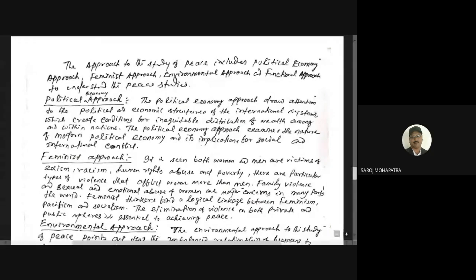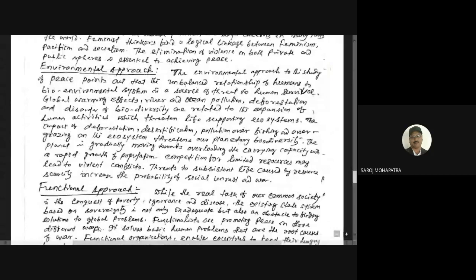Regarding the environmental approach, all the states should develop the idea of how the environment and ecological resources can be maintained. It is not the duty of a single nation.